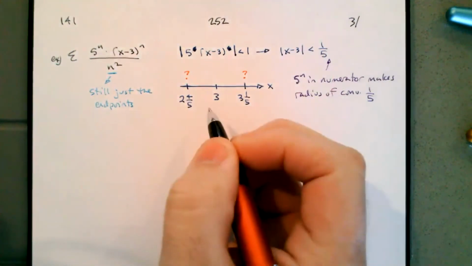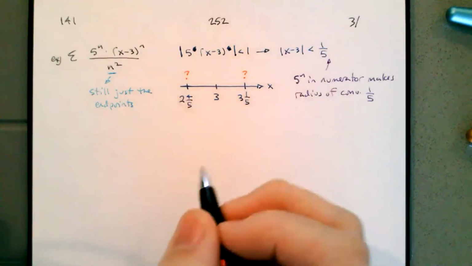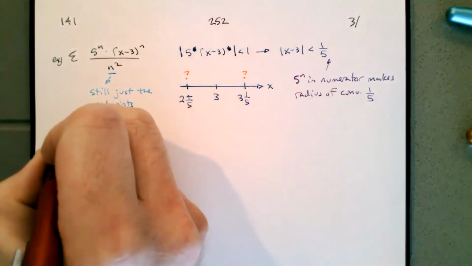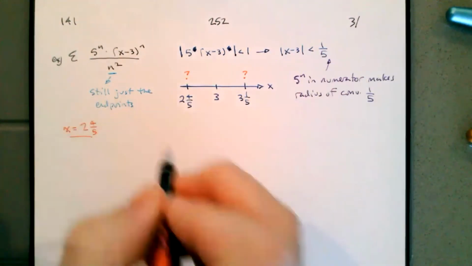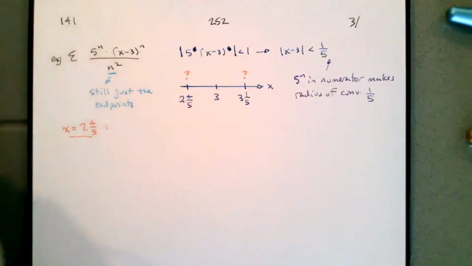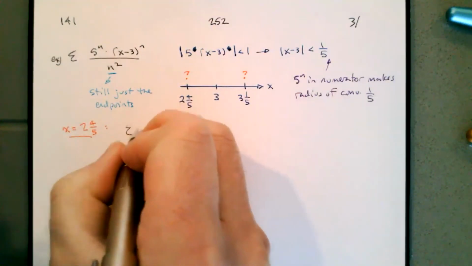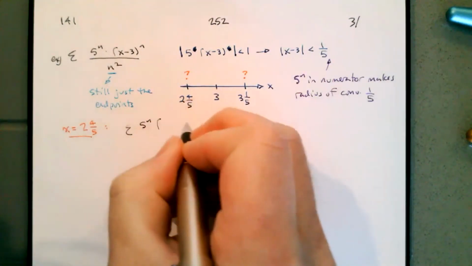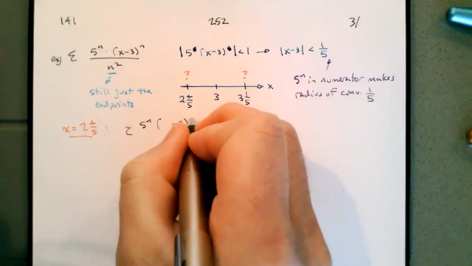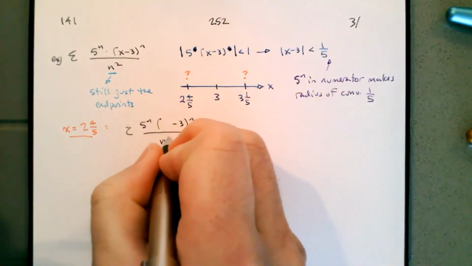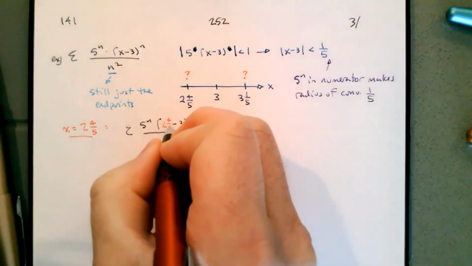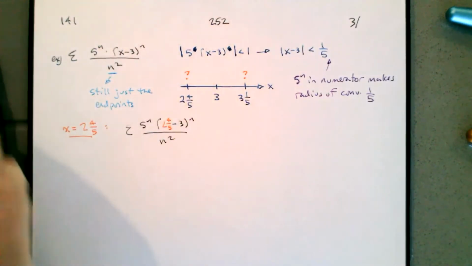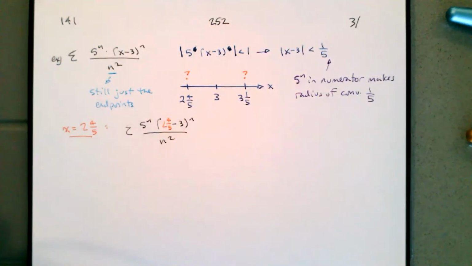So we got to check the endpoints at 2 and 4/5, and we're going to see some things that are going to happen all the time. So when x is 2 and 4/5, our series is going to have a 5 to the n, and then a 2 and 4/5 minus 3 to the n. This is going to be the alternating side, because when I plug in one of the endpoints, the 2 and 4/5 minus 3 is going to be a negative 1/5.